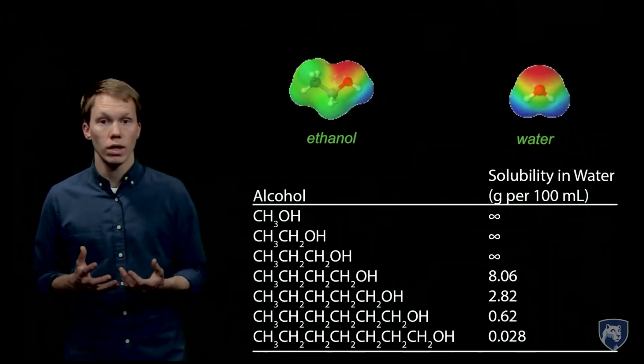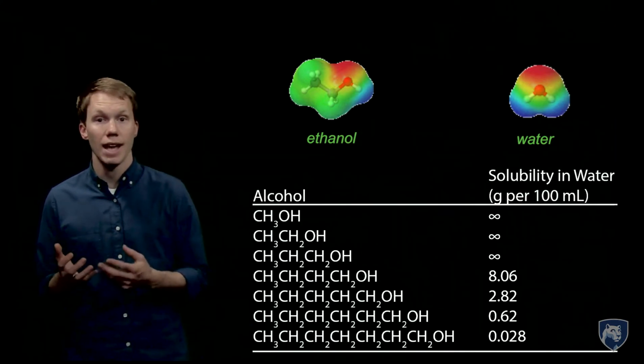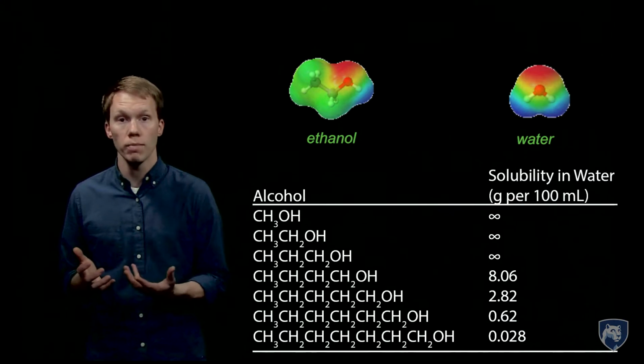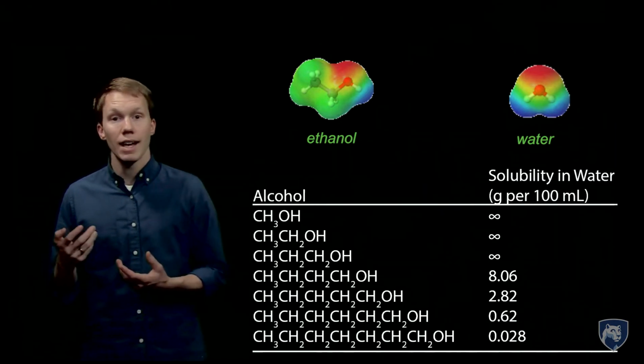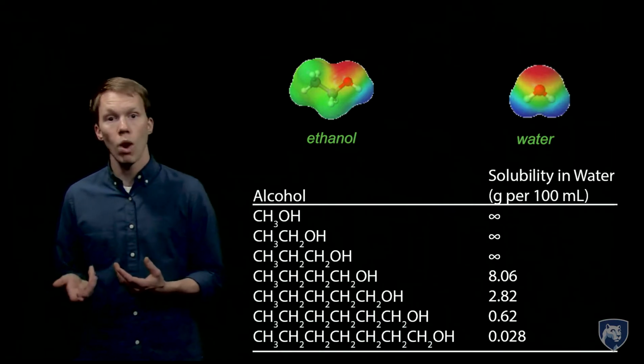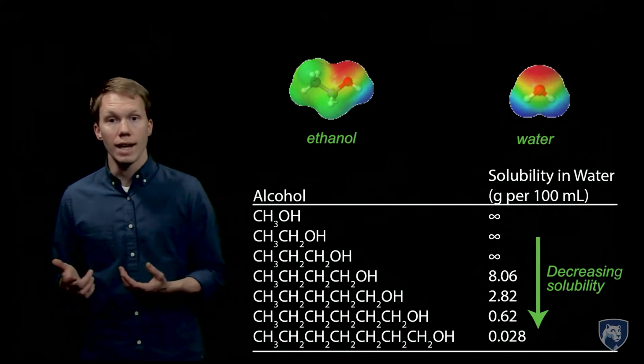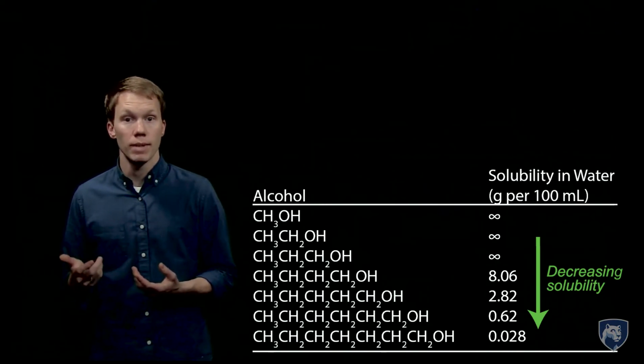So water is polar, as you are familiar with, and these alcohols have a polar component, an OH group, but as the alkyl chain increases in length, these become less and less water-like, more and more non-polar. So we see a trend in decreasing miscibility.